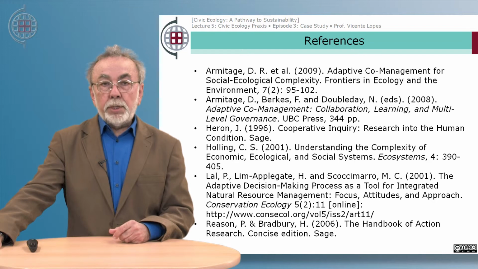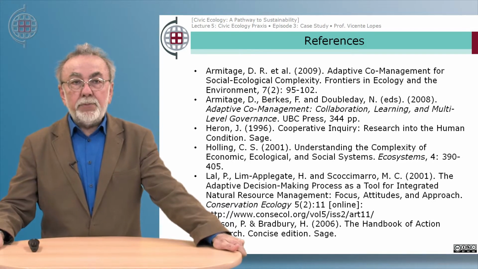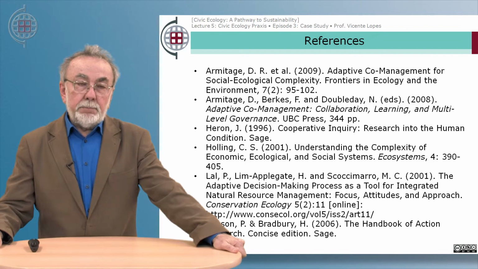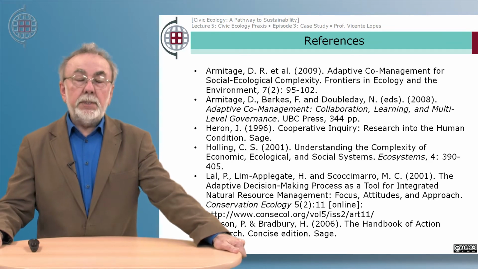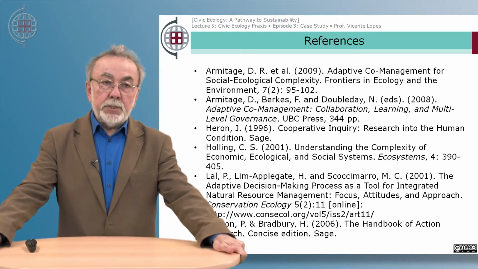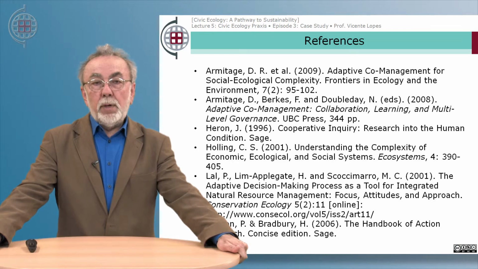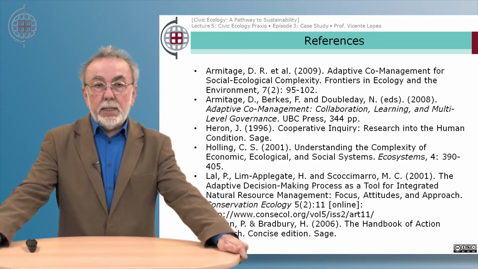And another one is a book called Adaptive Collaborative Management. I mentioned that most of the work on collaborative inquiry was developed by British social scientist John Heron, and I have here one of the classic papers where he introduced the concept in 1996.